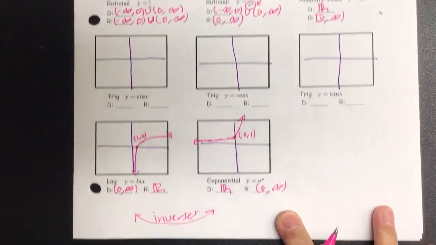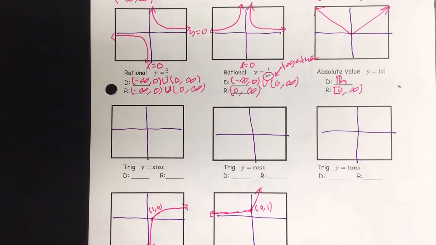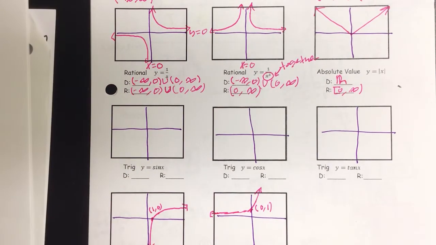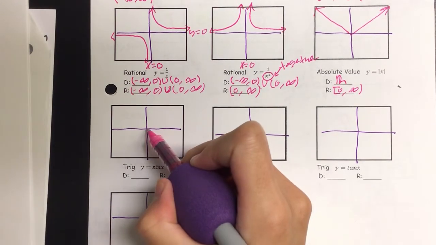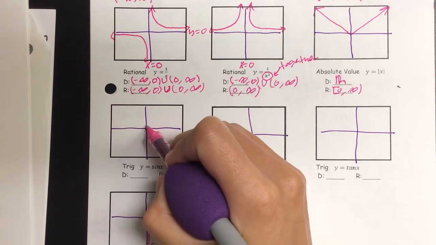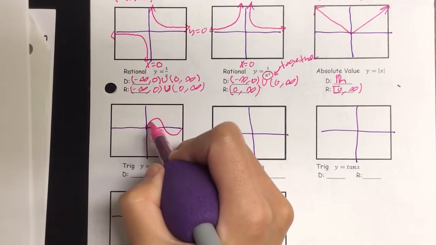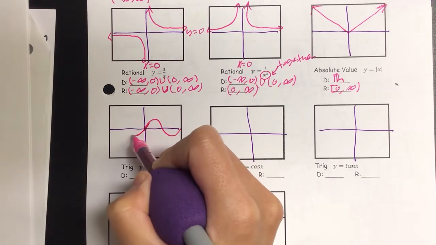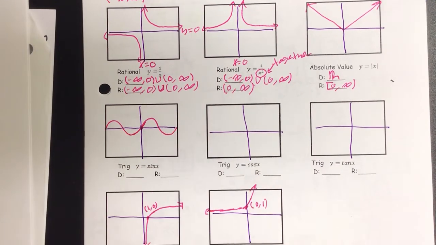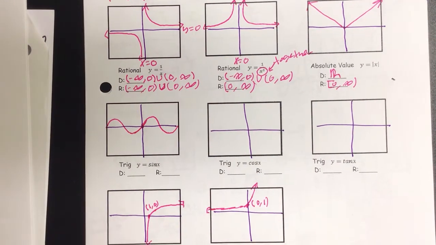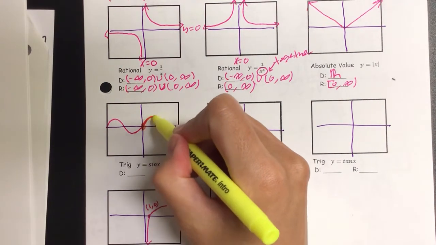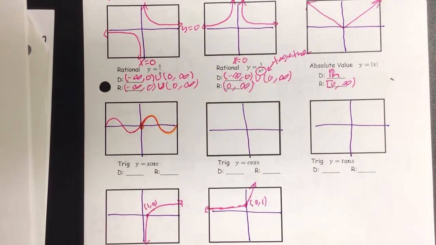All right, let's go on to our sine. For our sine, did it touch the origin? Yeah. Okay. And it went up and over, if you remember. And then I will continue that pattern on the other side. The main thing that you need to know for the sine is it hits the origin and curves by going up.